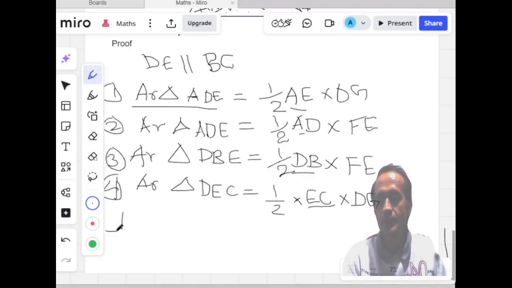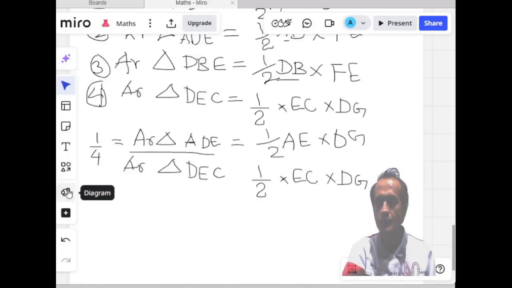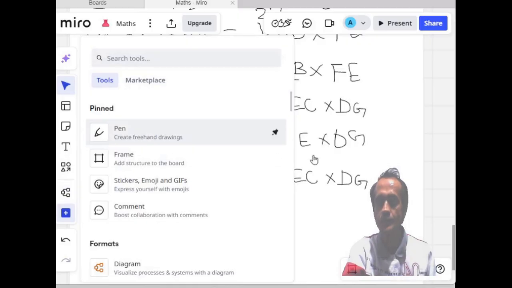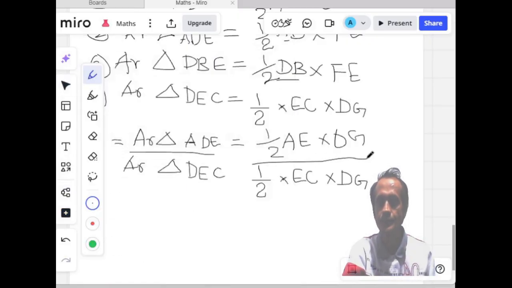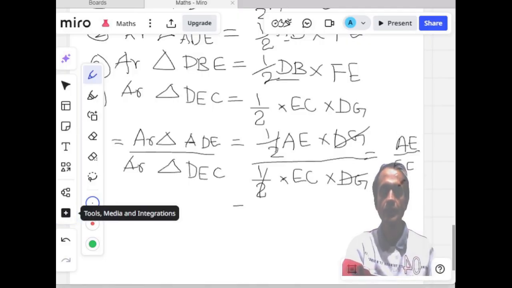Dividing 1 by 4, we get area of triangle ADE divided by area of DEC. So this half cuts with half, and we get AE by EC.